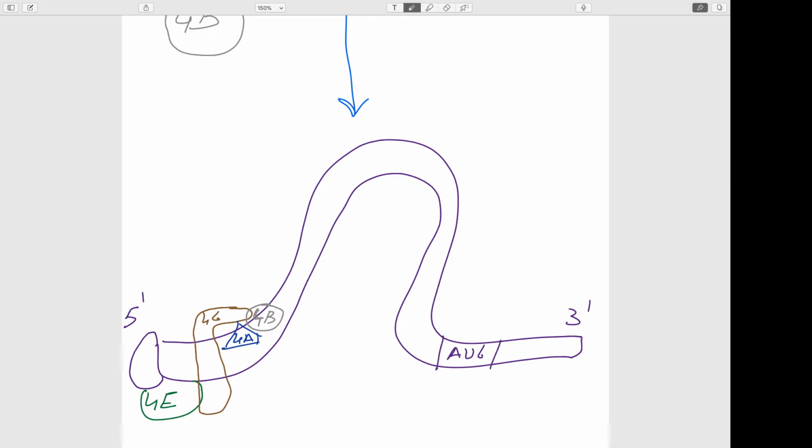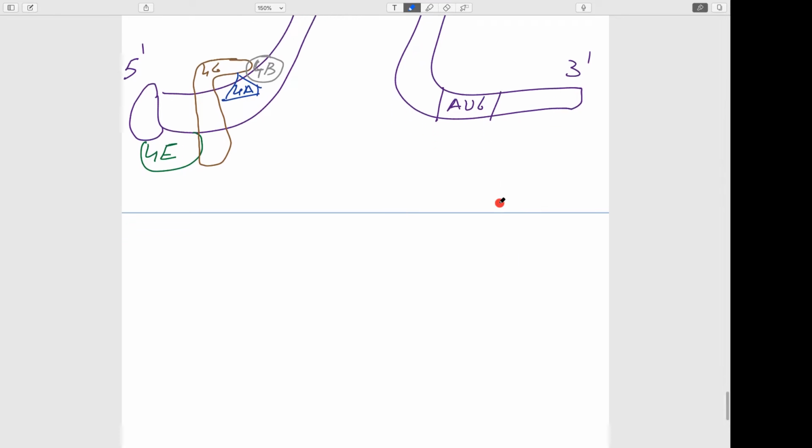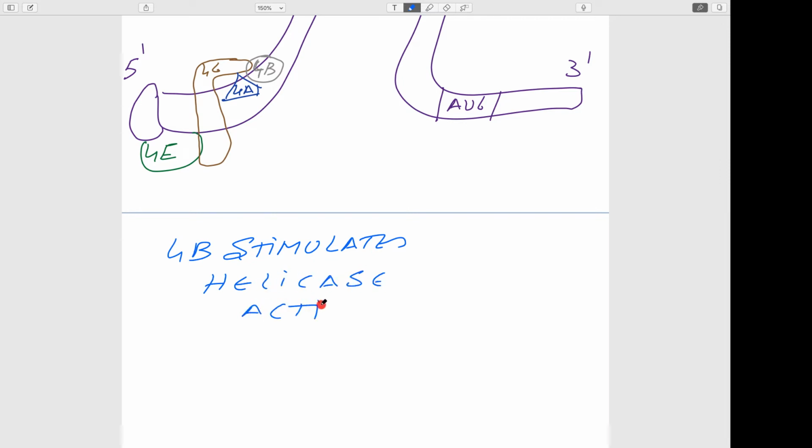Let me explain at this point the significance of binding of 4B. The 4B stimulates helicase activity. Which factor contains helicase activity? That is the helicase activity of EIF4A.